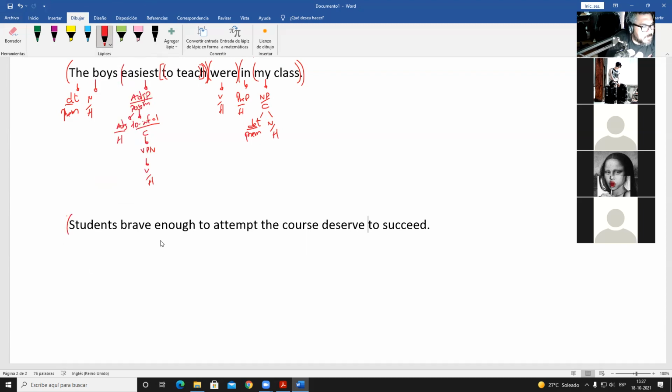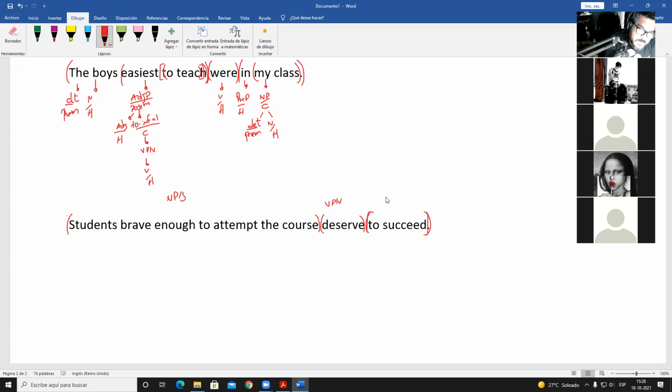So students brave enough to attempt the course deserve to succeed. Right, right. So this is a noun phrase subject, a verb phrase verb. They deserve what? To succeed. To succeed is a verb phrase. Therefore, what I have here is a clause, right?